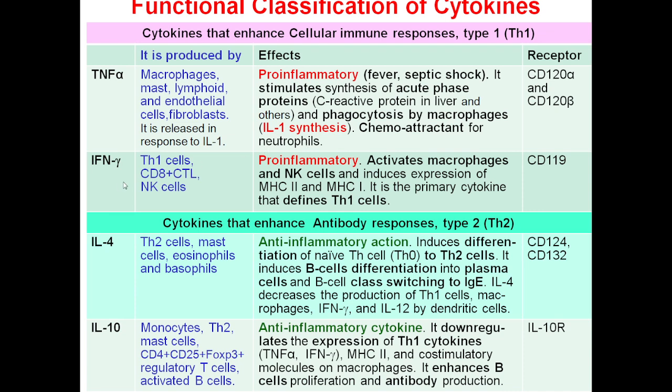Interferon gamma, the second pro-inflammatory cytokine, is produced by T helper type 1, activating T killer cells, or CD8 cytotoxic lymphocytes, and activated natural killer cells.